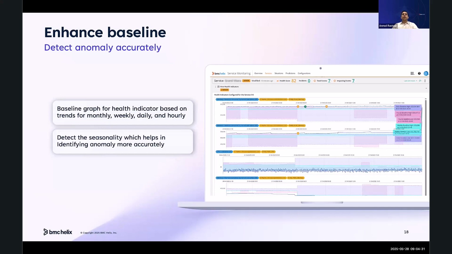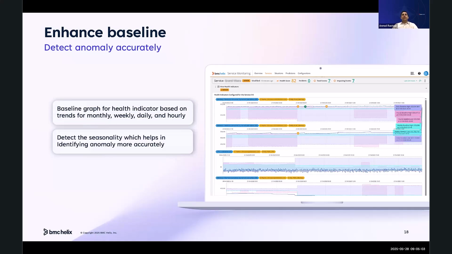The payroll system is expected to have a higher load because everybody logs into the system to check their pay slips, right? So during this particular time, the expectation is that the load will be really high. Definitely, if we stick only to week comparison, then suddenly you will see a lot of anomaly events getting generated, which are basically false.